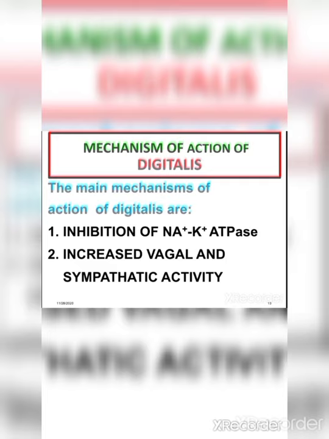By stimulating vagal activity, these drugs slow nodal conduction or AV conduction, and in turn slow the heart rate, improve ventricular filling, and finally improve cardiac output. Whereas by stimulating sympathetic activity, these drugs exert a strong inotropic action, which is helpful, and they do it by stimulating the beta receptors and the release of norepinephrine. So that's why these drugs are more like ANS type of agents.